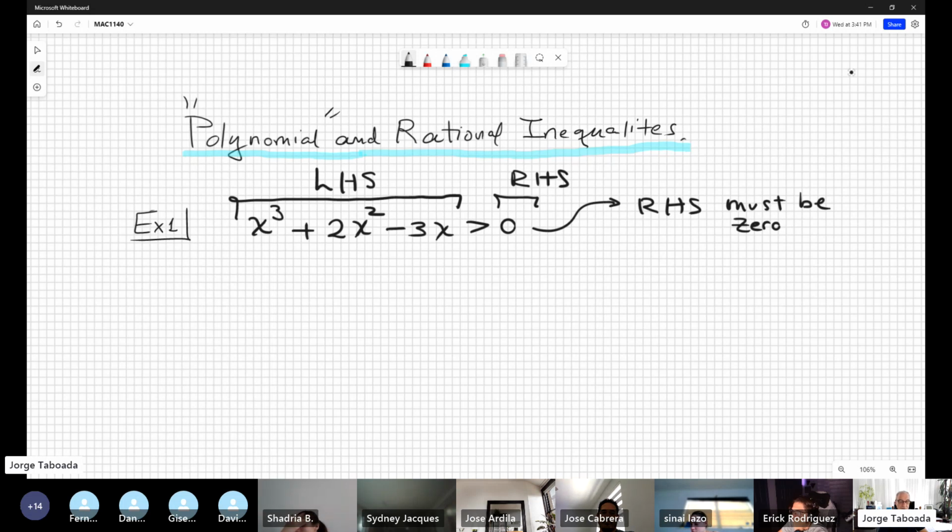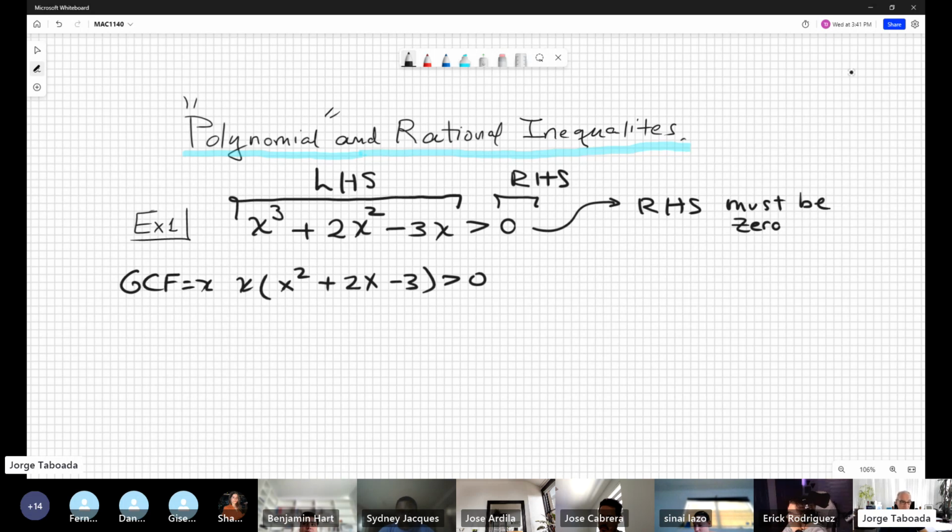What should I do? Well, you factor the polynomial. In this case it's easy, synthetic division is not necessary. The common factor is x. You have x times x squared plus 2x minus 3 greater than 0. And that's a trinomial factorization. You break it down into binomials.